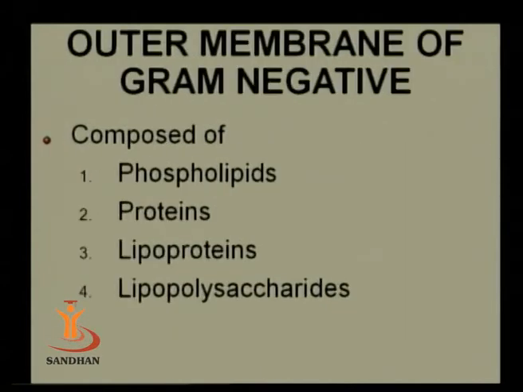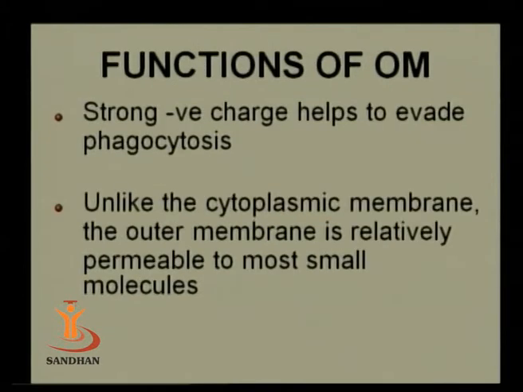Next. So that is what I was saying. Outer membrane is composed of phospholipids, proteins, lipoproteins, and lipopolysaccharides. This is just an overall function of the outer membrane, that overall the charge of the outer membrane is negative, which helps them for a defense in an immune response.